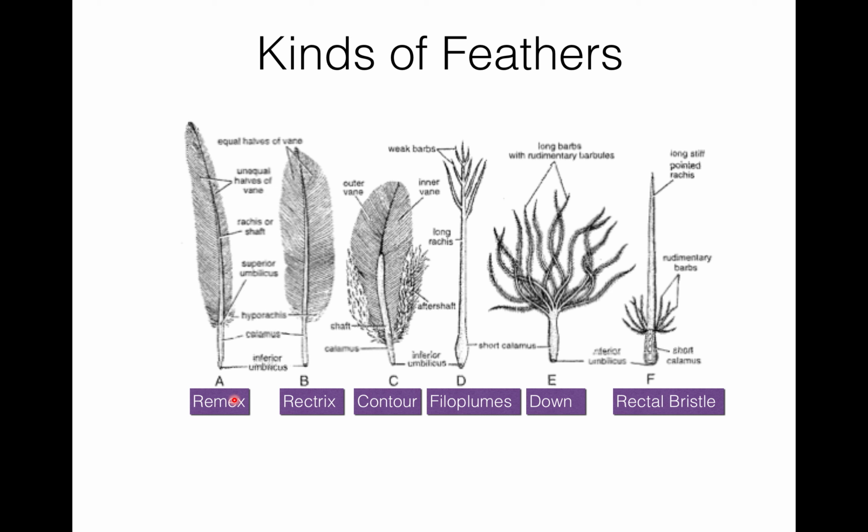The flight feathers of the wings are pinions or remiges, or we can say wing quills. The inner or posterior half of the vane is slightly broader than the outer or anterior half. Here you can see this is the rachis, and you can see the vein.